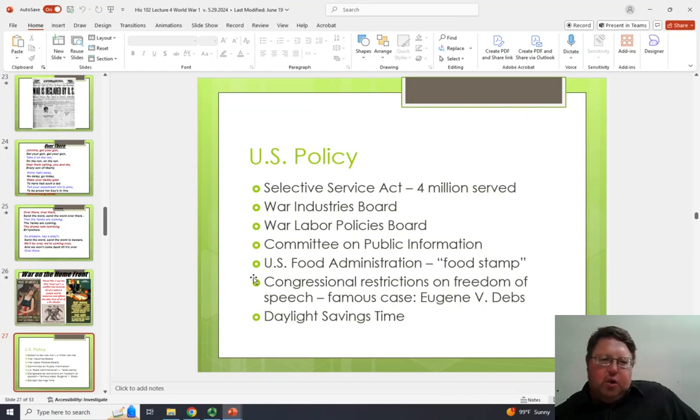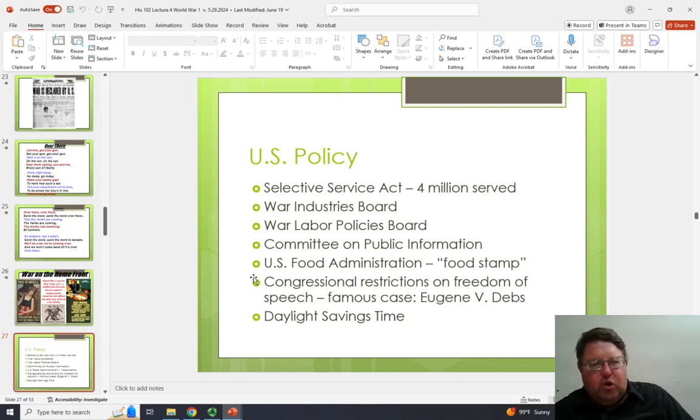There are others, and you can look up other items and go over how the U.S. planned or prepared for World War I. The draft, Selective Service Act, the War Industries Board, where the U.S. government steps in and starts telling companies what to make and who to make it for, right? During World War I, there are rubber shortages, like for tires in the U.S., because the government requisitioned factories to start building rubber tires for the military. You have examples like that.